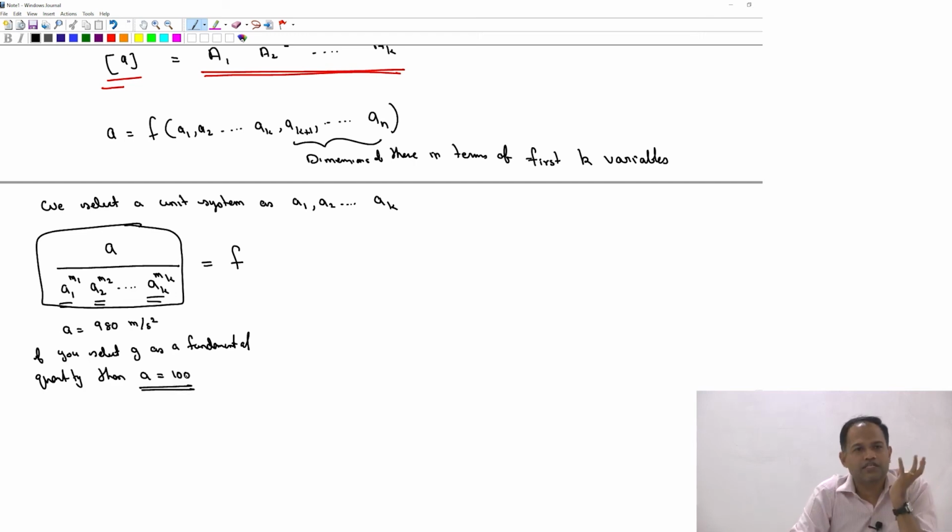Similarly, I can divide any variable by whatever independent variables I have chosen, raised to appropriate powers, and get the small a, measured in a unit system spanned by A1, A2, etc. up to AK.